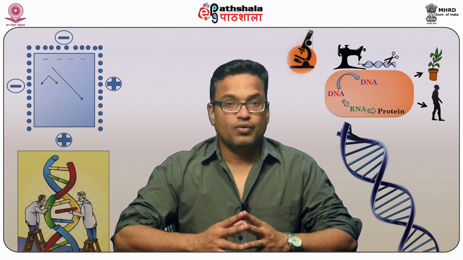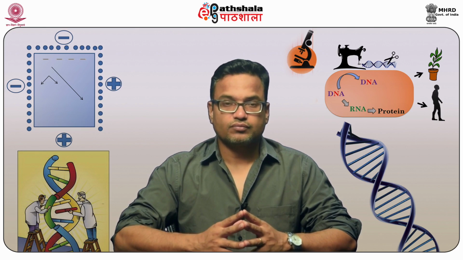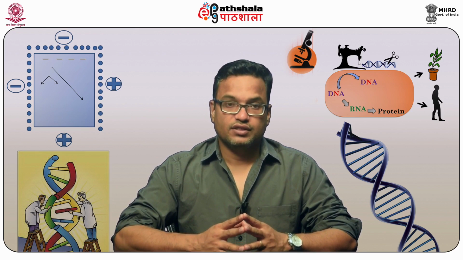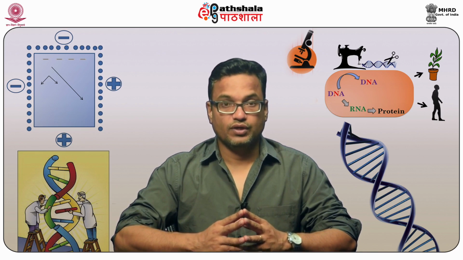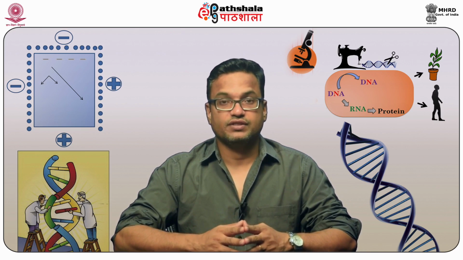In that way we know the location and the direction of our gene of interest. And in this method, excision as well as insertion reactions have similar efficiency. So if we want to clone or if we want to excise our gene of interest, it can be done with equal efficiency.